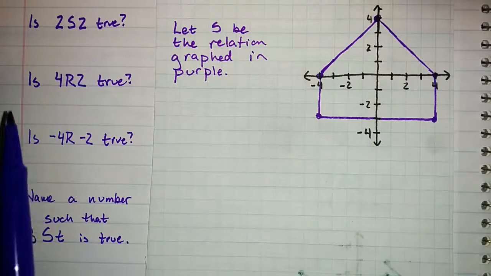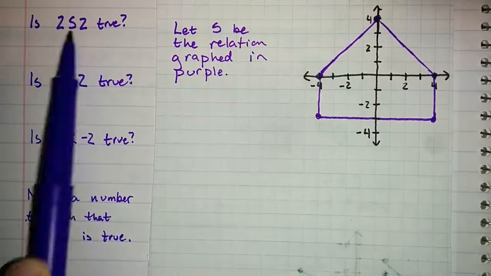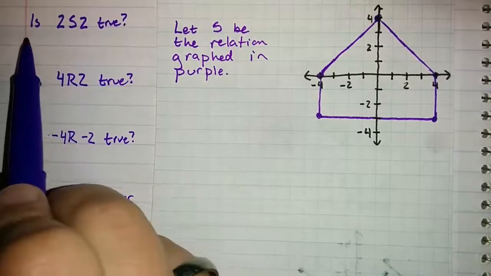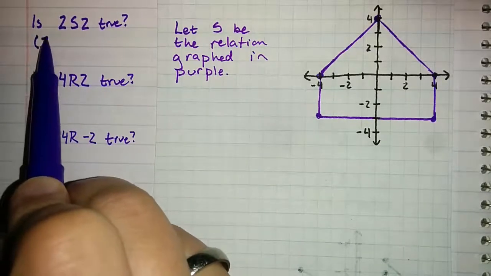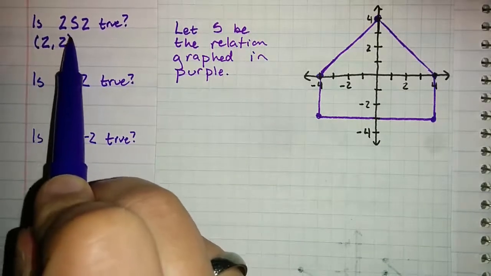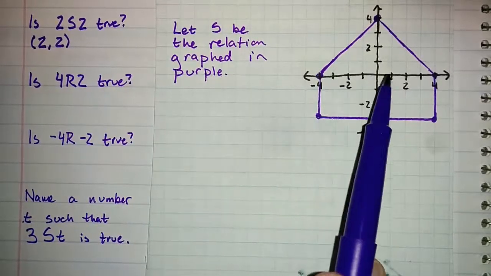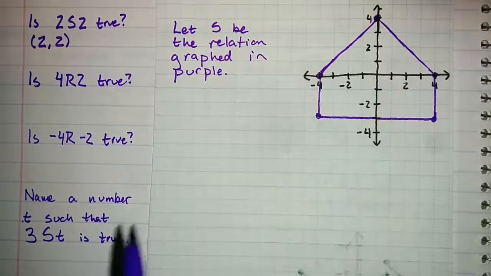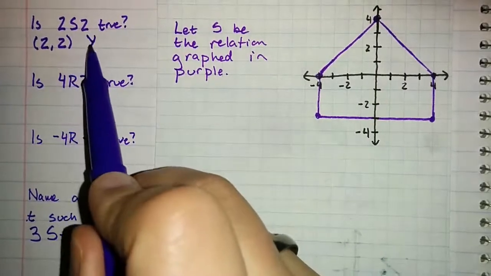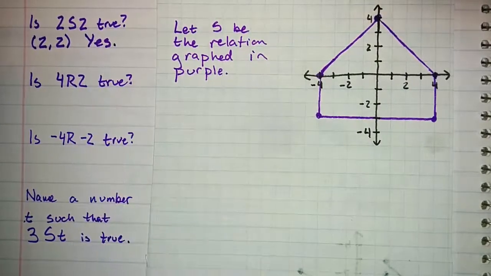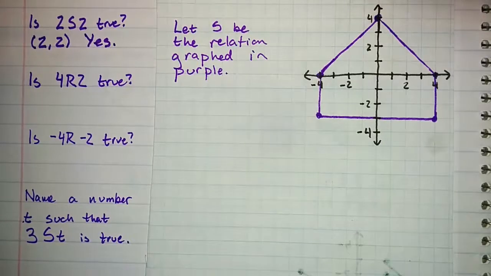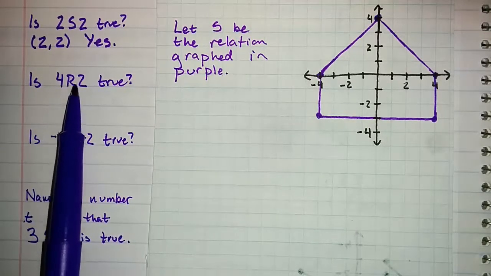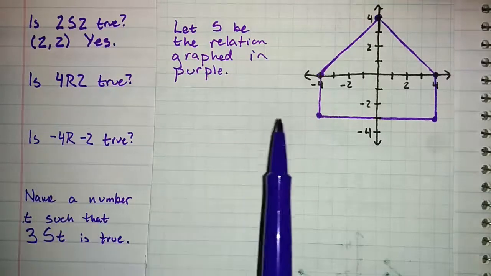So our first question is, is 2 R 2 true? That will be true if 2, 2 is on the graph. So we look, 2, 2. Yeah, there it is. Yes. This is true. Is 4 R 2 true?